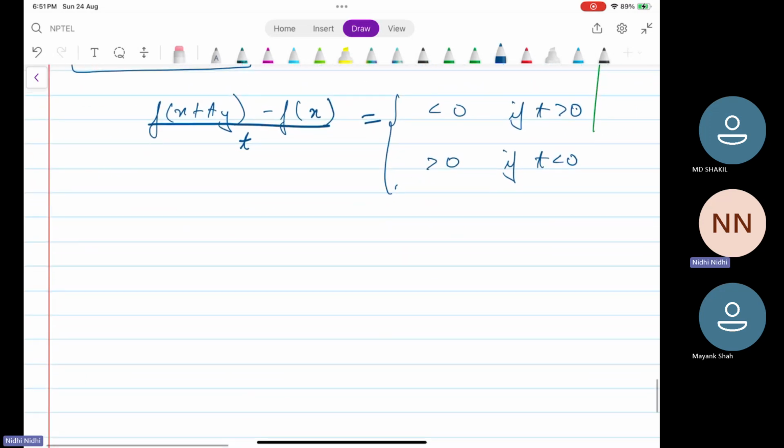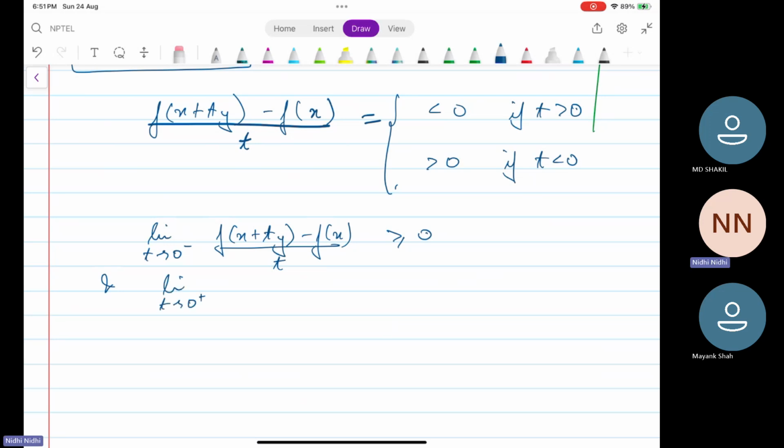That means we have the limit as t tends to 0 from the left of f(x+ty) minus f(x) by t is greater than or equal to 0, and the limit as t tends to 0 from the right of f(x+ty) minus f(x) by t is less than or equal to 0.